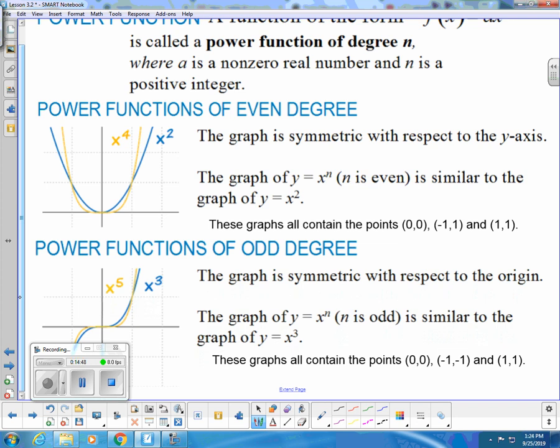So that's just things you need to know. Even power functions look like the parabola. Odd power functions look like the cubic. Has the same general shape. Monomials.